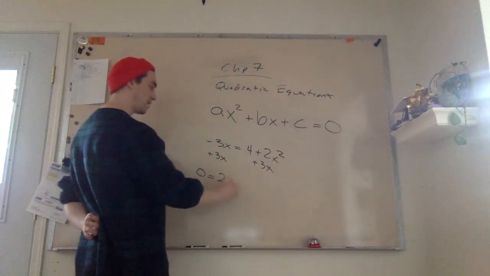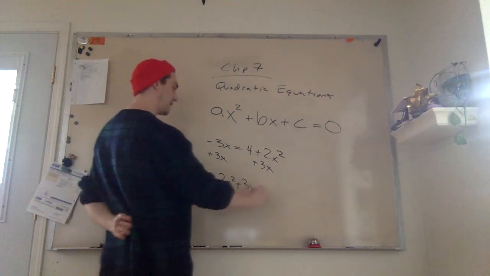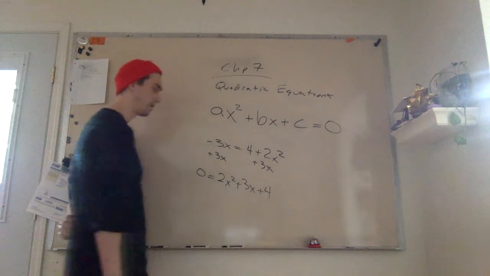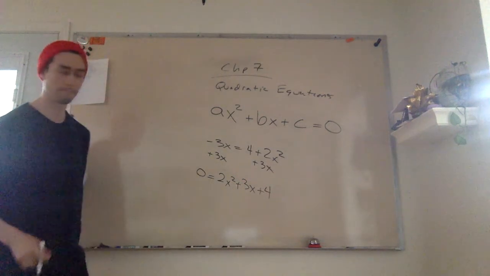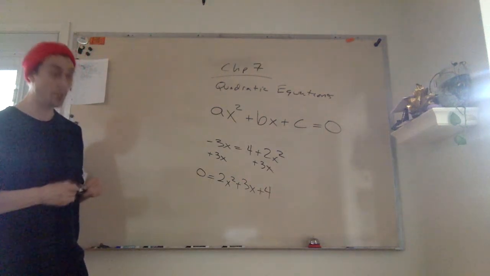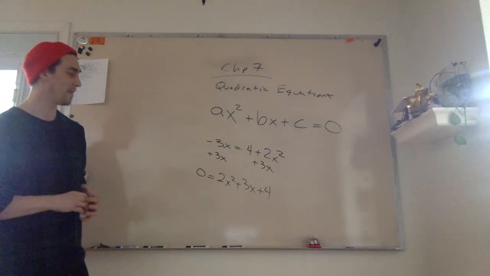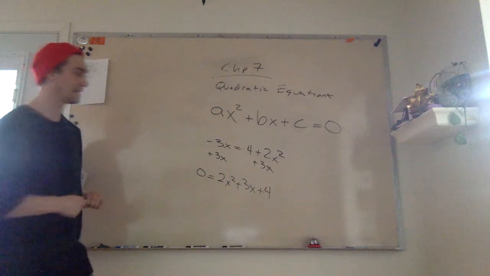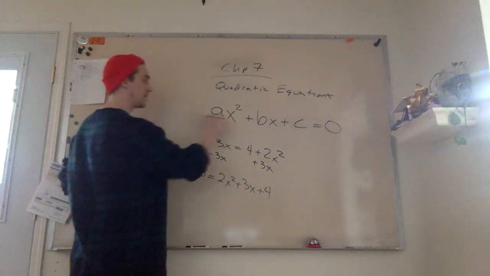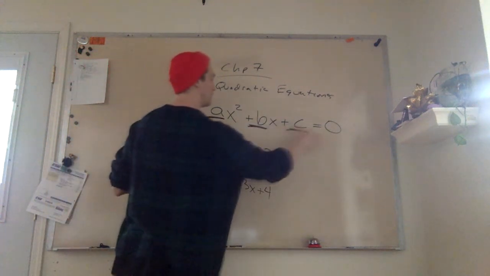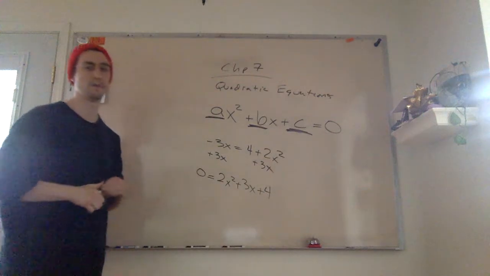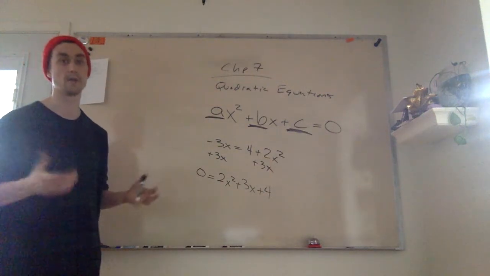So I'll write the 2x squared first, the plus 3x second, and the plus 4 third. Boom. That's called putting a quadratic in standard form. The thing about standard form that is nice is these three numbers, a, b, and c, are going to be super powerful for solving quadratics.